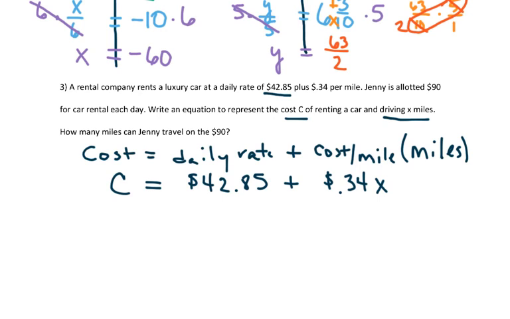Now let's figure out how many miles I can drive with $90. So I'm going to plug in $90 for the cost. I have the $42.85 plus the 34 cents times the number of miles which I'm looking for.